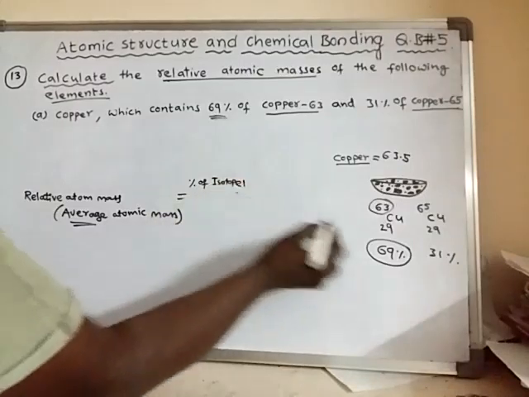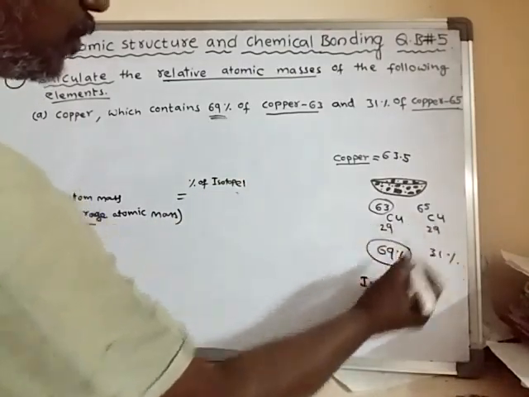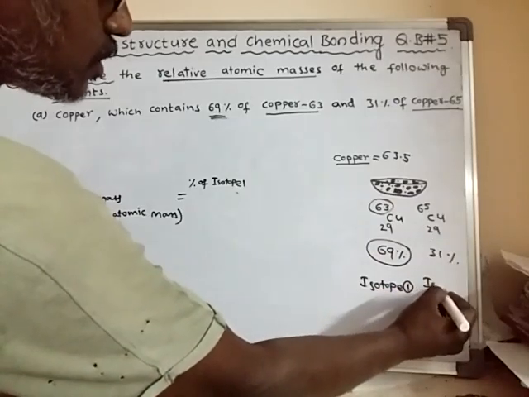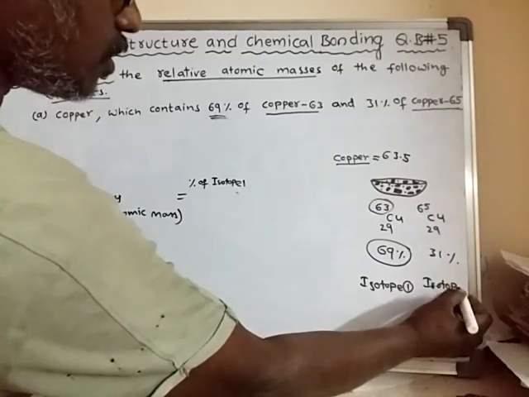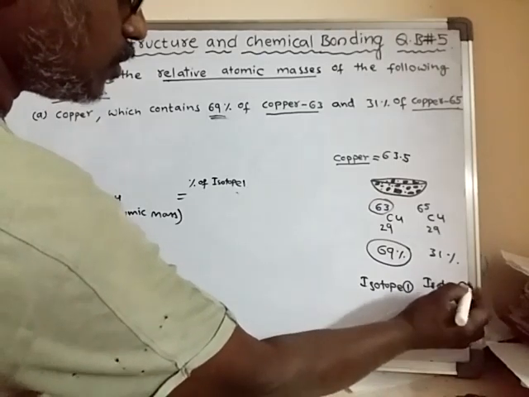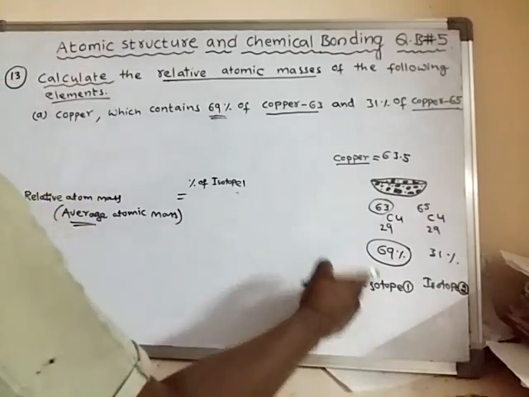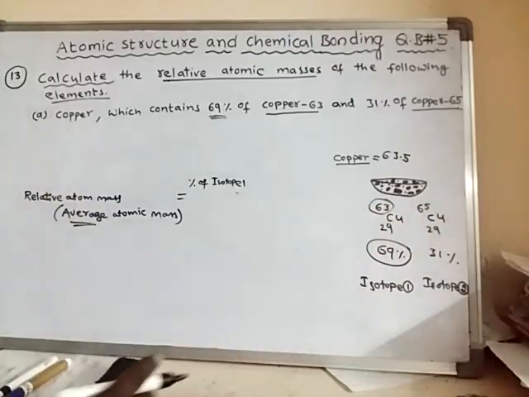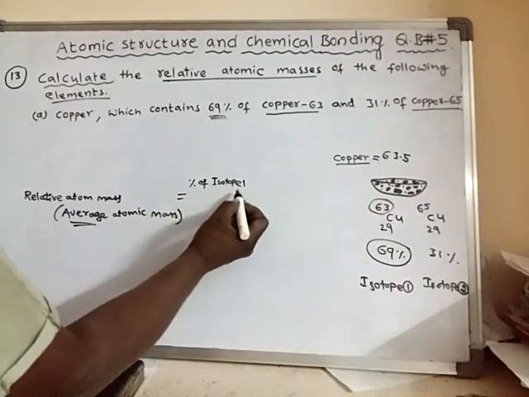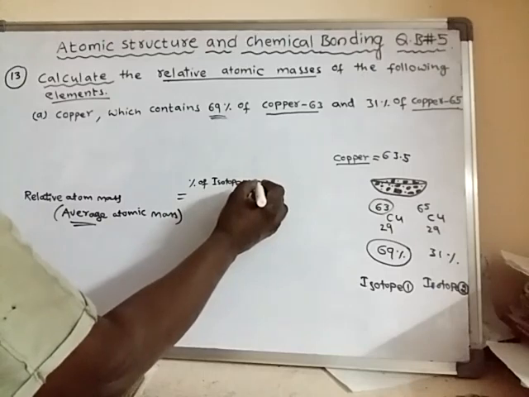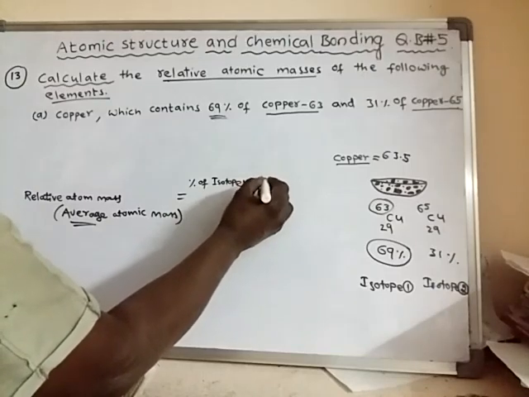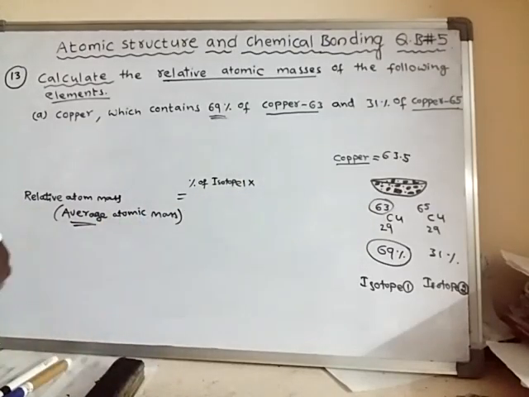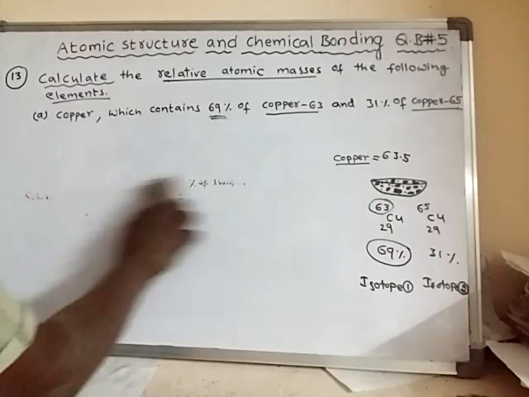There are two isotopes: this is isotope 1, the first isotope of copper, and this is isotope 2, the second isotope of copper. So percentage of isotope 1 into its atomic mass. I'll write it properly once again.